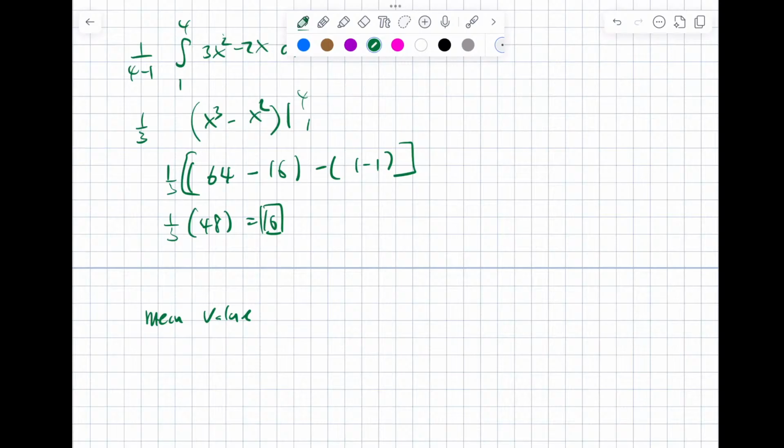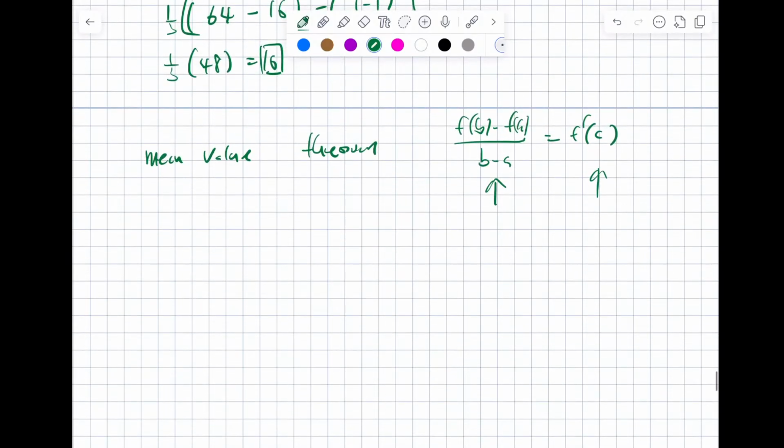The mean value theorem is f of b minus f of a over b minus a is equal to f prime of c, if f of x is continuous and differentiable. That's why you find the slope and the derivative, set them equal to each other, and find out where that slope is equal to the secant line.